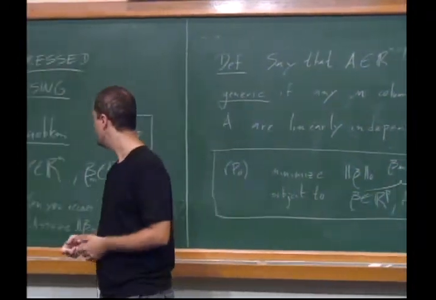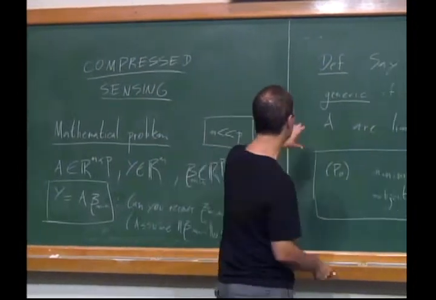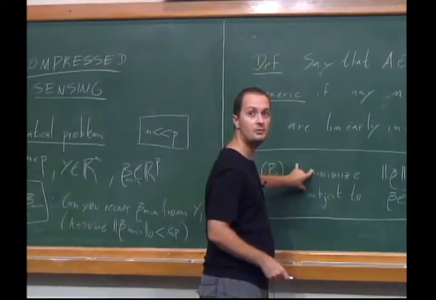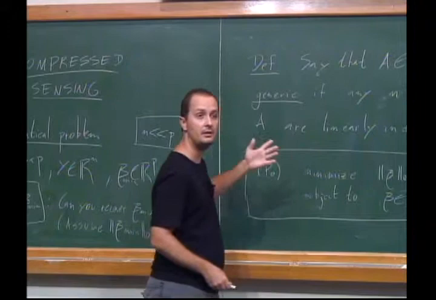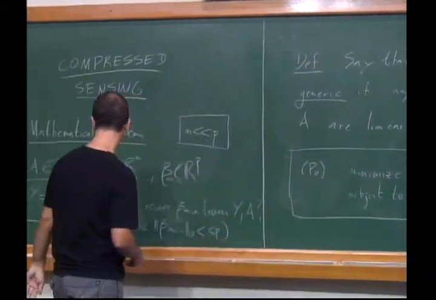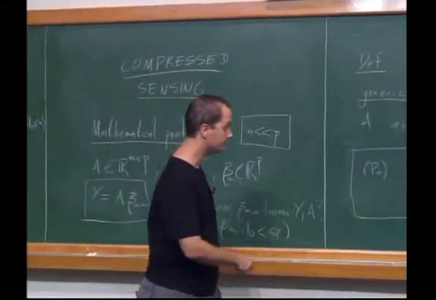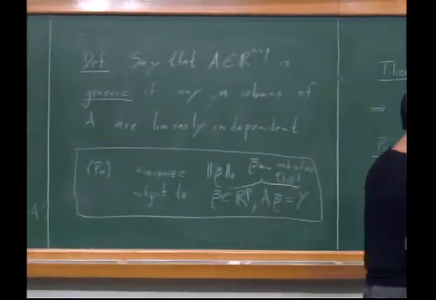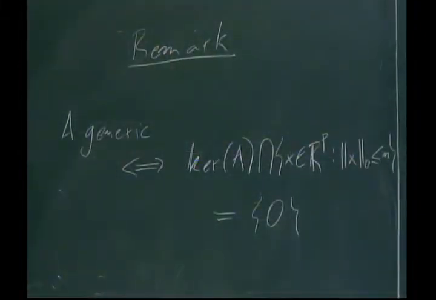So what is this modification, right? Here we had a property of A that guaranteed that this problem had a unique solution, which was exactly the vector we tried to find. So let me first modify the problem, and then we'll see what we can do.